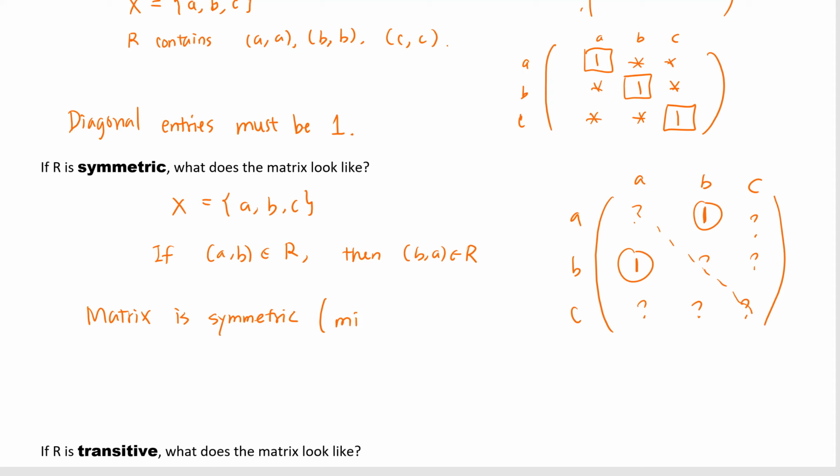In that matrix, we see a mirror image about the diagonal, i.e. a_ij equals a_ji. This is the ith row and jth column, and it also equals the jth row and the ith column.